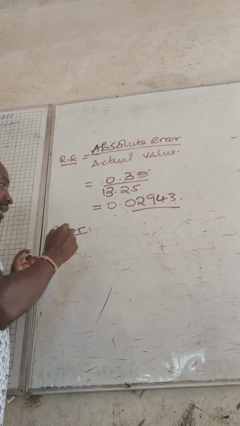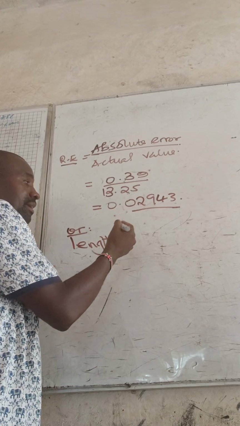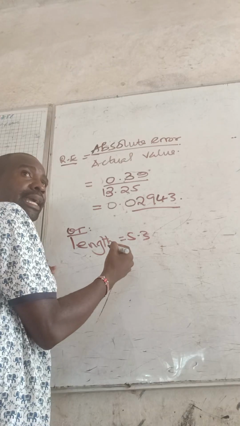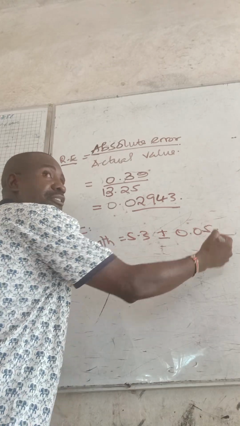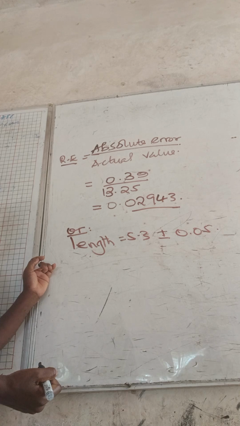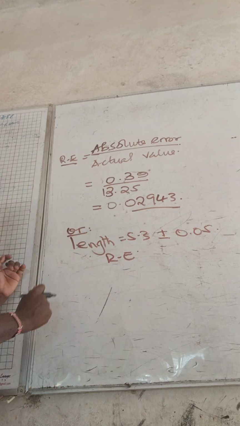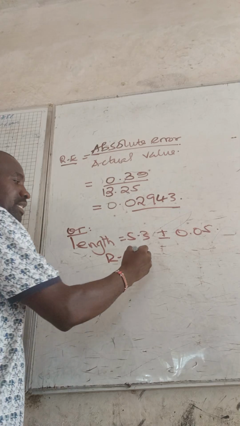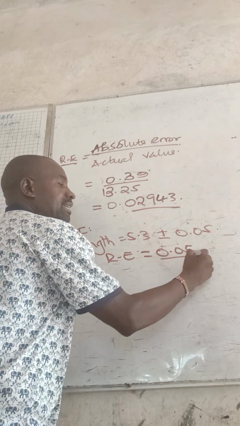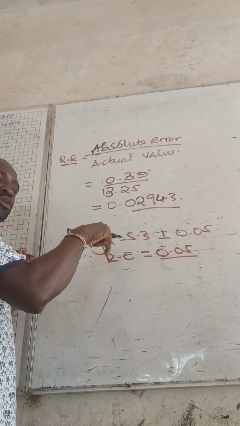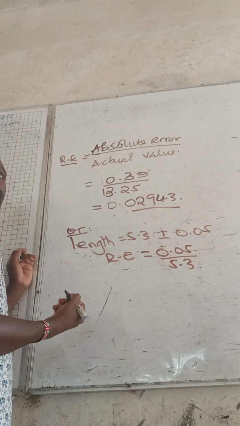Like the length, we say that the length is 5.3. The error here is 0.05. We can get the relative error for the length, which is 0.05 divided by the actual length, which is 5.3.